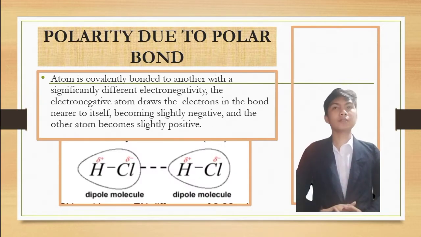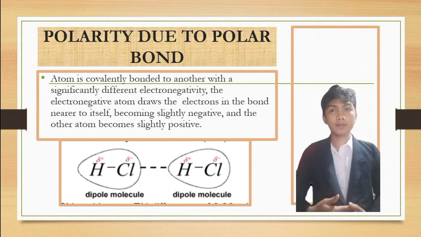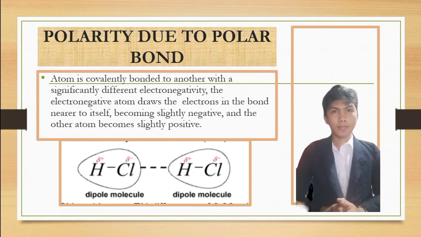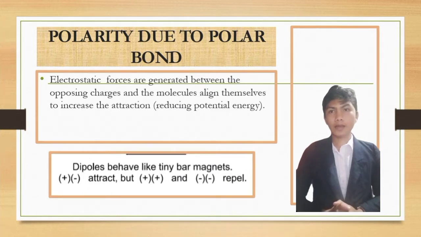When one atom is covalently bonded to another with a different electronegativity, the electronegative atom draws the electrons in the bond near itself, becoming slightly negative, or vice versa. Electrostatic forces are generated between the opposing charges, and the molecules align themselves to increase the attraction, thus reducing the potential energy.